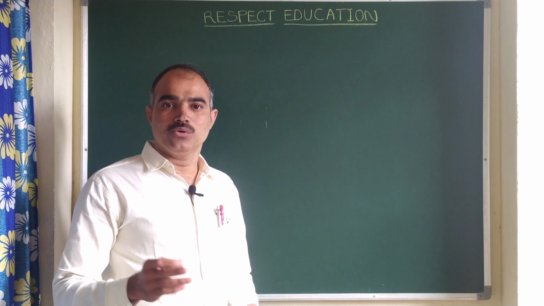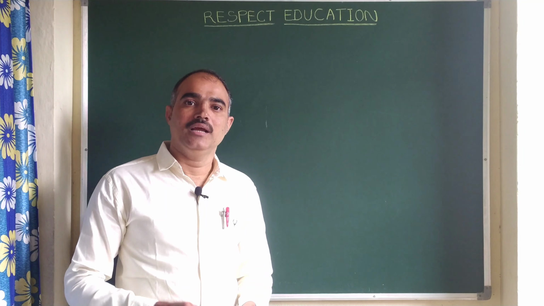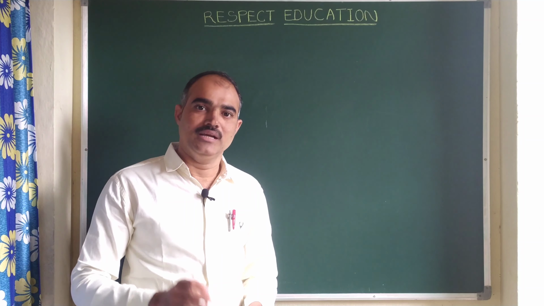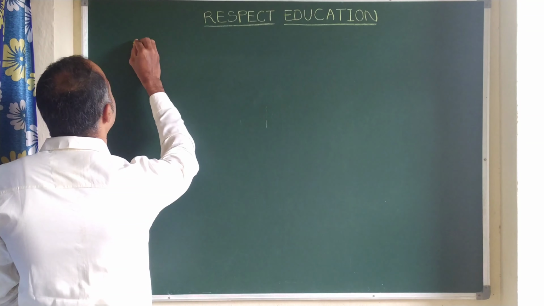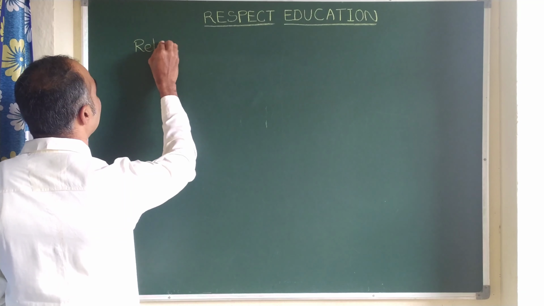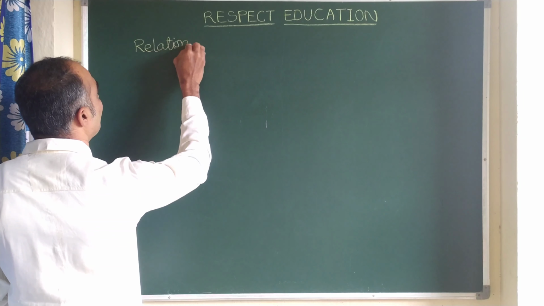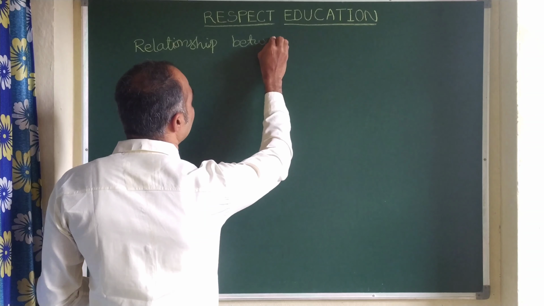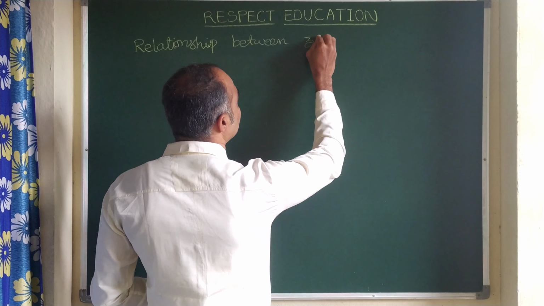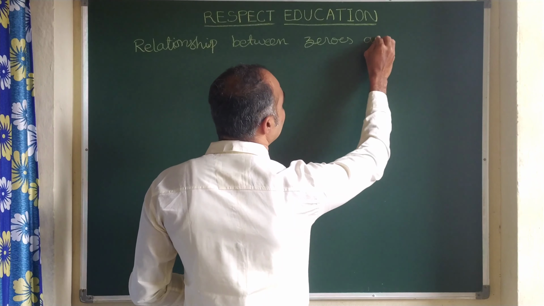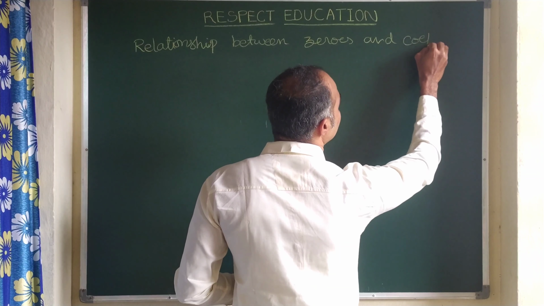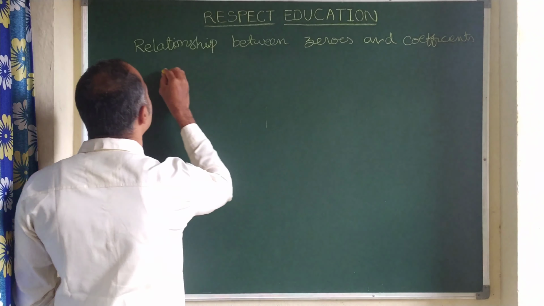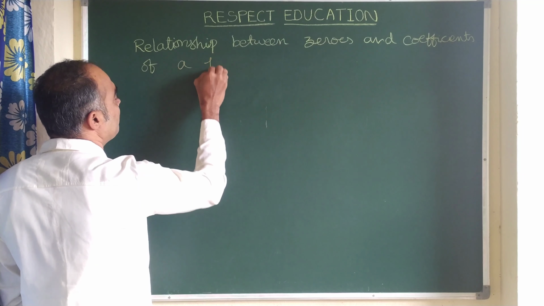Today we are going to do exercise 3.3. Before entering the exercise 3.3, we need to know a small concept. The concept is the relationship between zeros and coefficients of a polynomial.